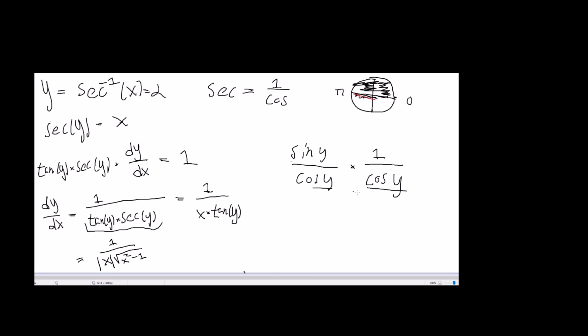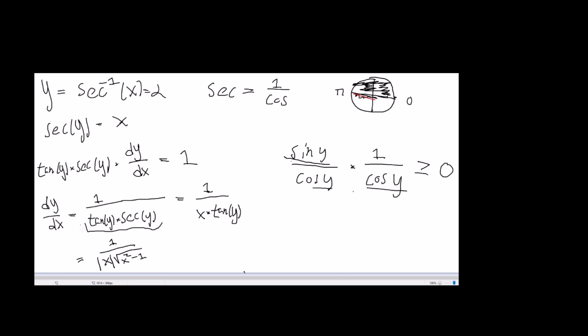And for every angle which is defined within the inverse of secant of x, sine of y can never be negative, because it's only defined in the upper half of the unit circle. So this is always positive, and even if cosine is negative, it gets multiplied by another negative of itself, hence all of this will always be greater than 0.